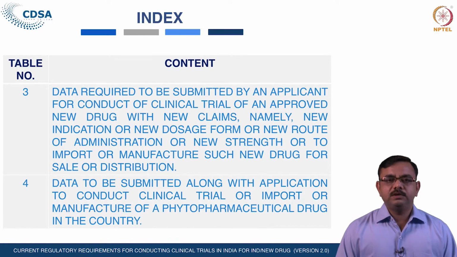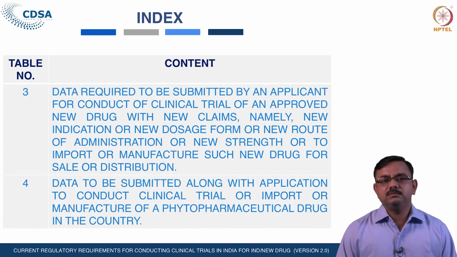And if it is a modified dosage form, then as I have said, the therapeutic justification, why they are going for the modified dosage form, is required to be given. The clinical trial data as referred to in clause 1 of this schedule, and the regulatory status of the modified dosage form in other countries.